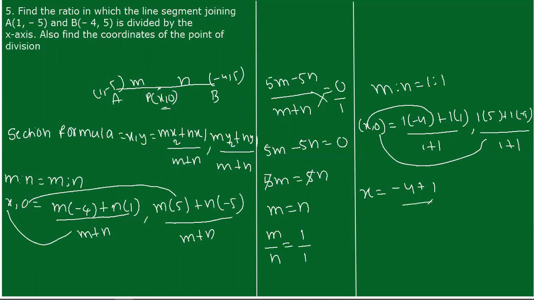So the x value is (-4 plus 1) by 2, which is -3 by 2. So the P point (x, y) is equal to (-3/2, 0). Okay, so we got the P point also. Okay, thank you children.